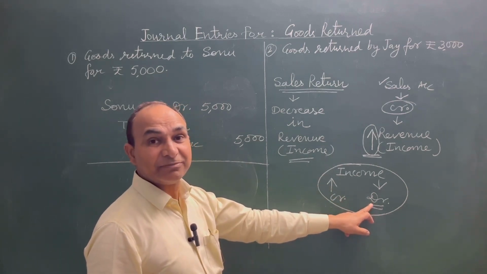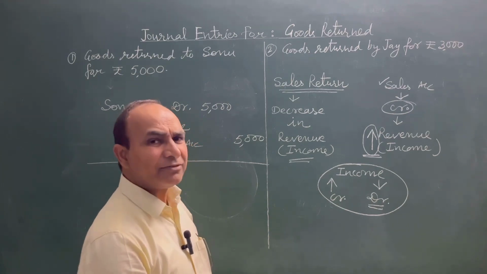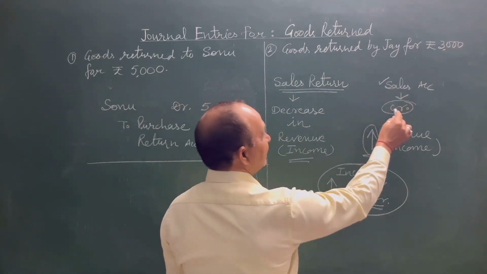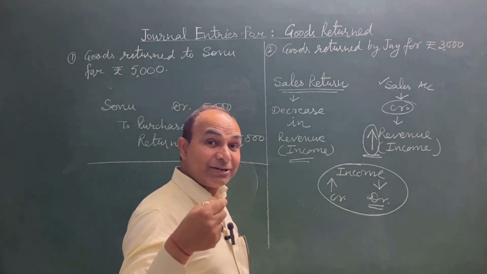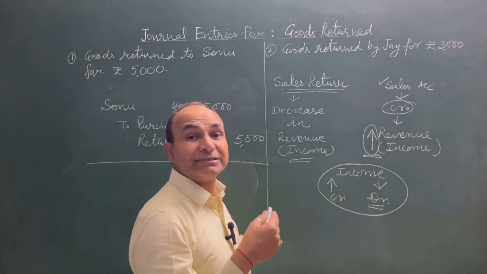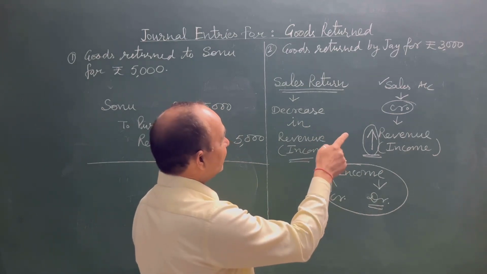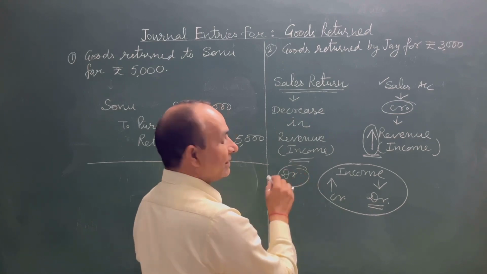Now what will be the journal entries? Let us see. And one more thing, sales is always credited, keep that in mind, because it is a nominal account. Credit all income and gains, and sales return is just a reversal of the sales account credited, so obviously the sales return account will be debited.